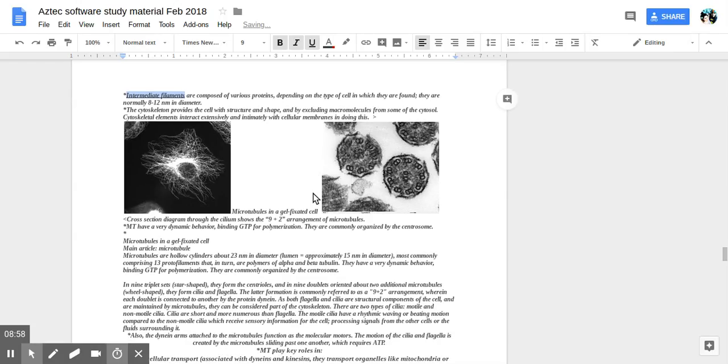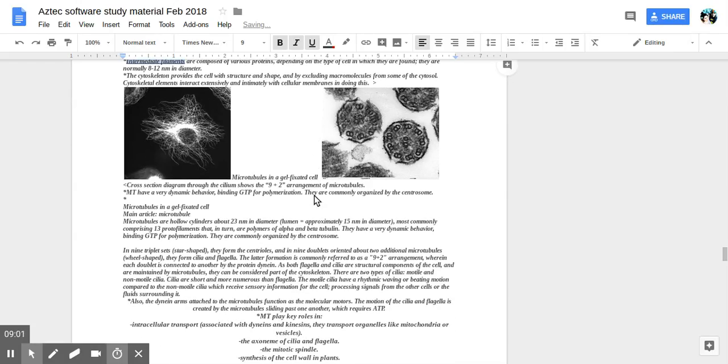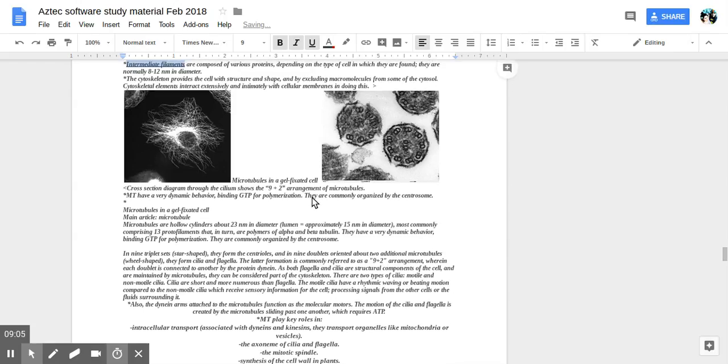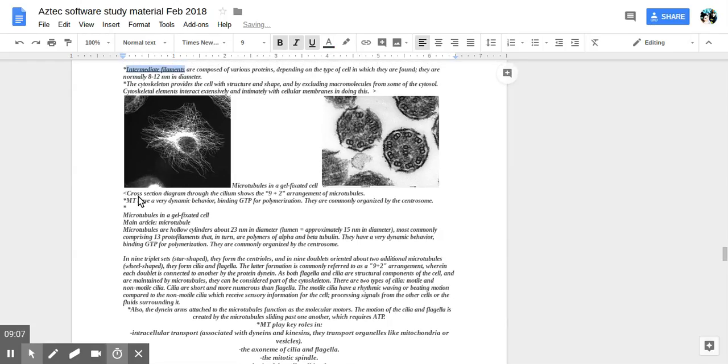In the pictures we have microtubules in gel fixation of the cell. The left one is a cross-section diagram through a cilium, showing the 9+2 arrangement of microtubules. That's the way the tubes are arranged, the subunits.